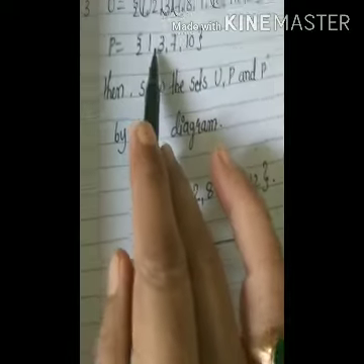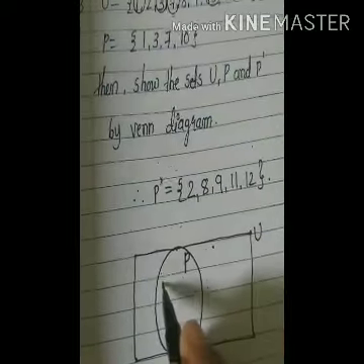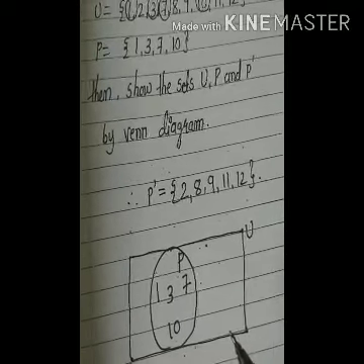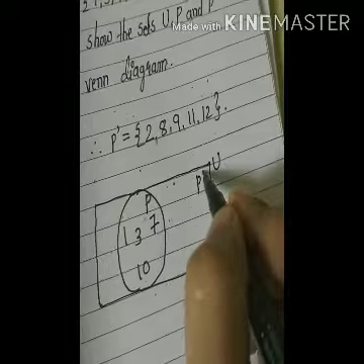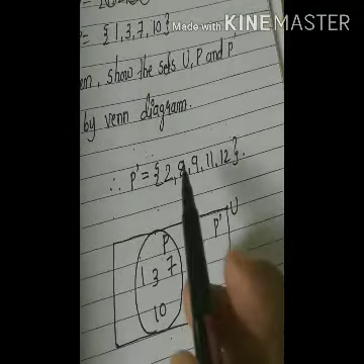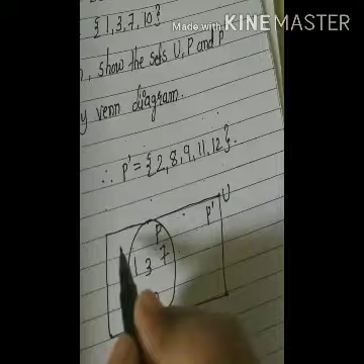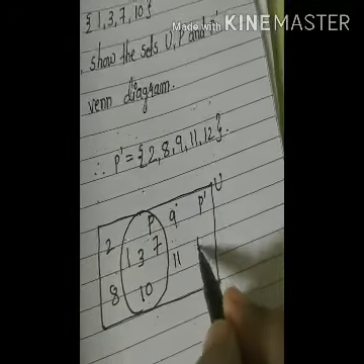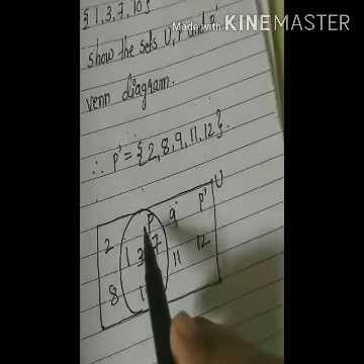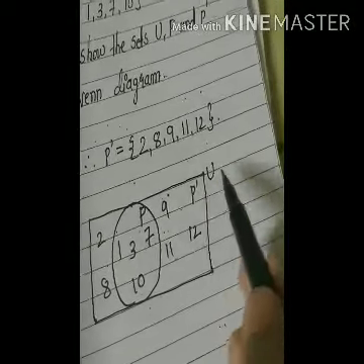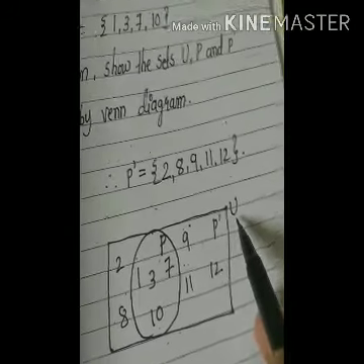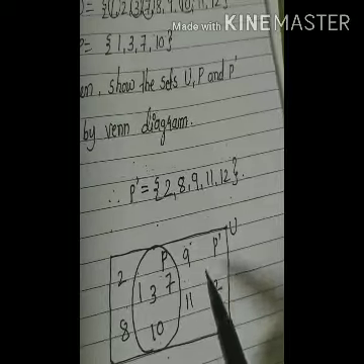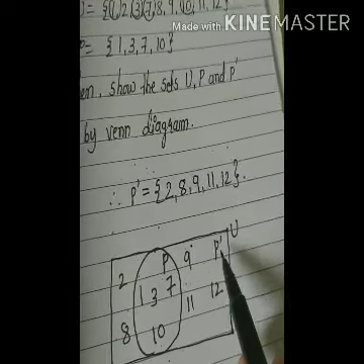What are the elements in the P set? 1, 3, 7, 10. Here we take P complement. What are the elements in P complement? 2, 8, 9, 11, 12. P and P complement together equal the universal set. This is the Venn diagram for sets U, P and P complement.